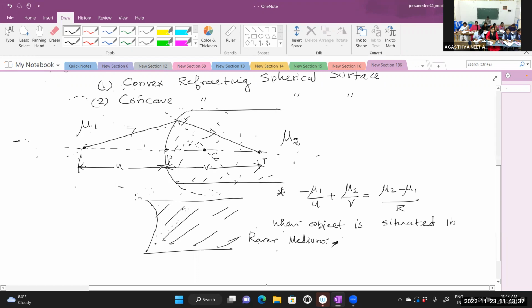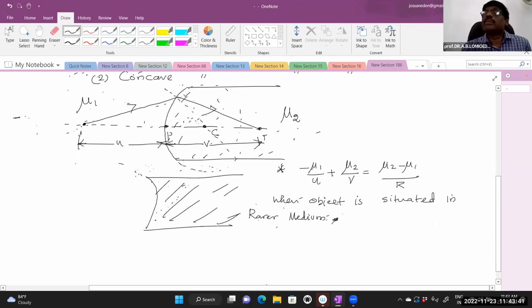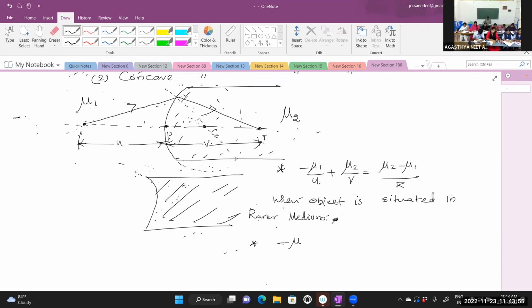Suppose the object is placed in the denser medium, compared to the refractive index of the spherical surface, this formula is modified as, instead of mu1, put mu2.